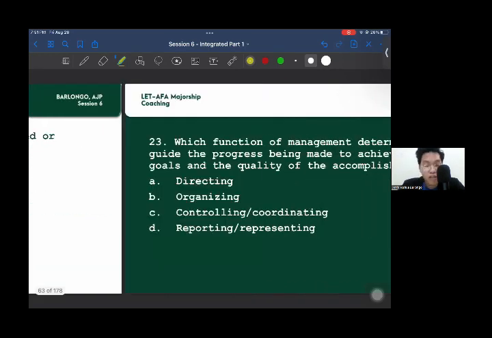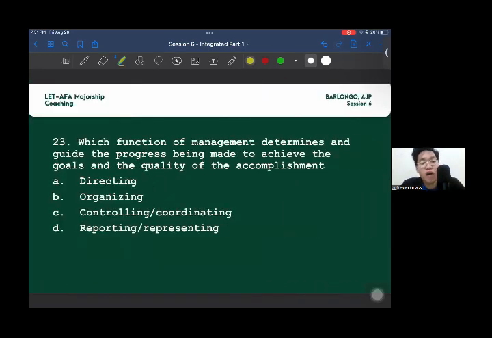So number 23, which function of management determines and guides the progress being made to achieve the goals and the quality of the accomplishment? A, directing, B, organizing, C, controlling or coordinating, or letter D, reporting or representing? So again, for questions like this, you can use yung mga context clues na meron tayo. Ano yung mga different keywords na you can identify from a specific question.